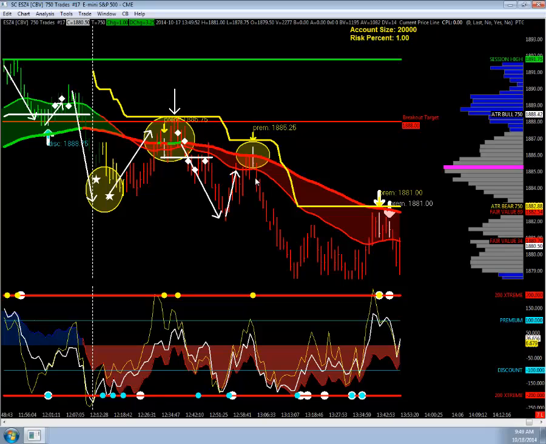Now the idea, simply using the right side pivot rule, is once price is in that zone, the expectation is that price will pivot up here and then start its way to the downside.